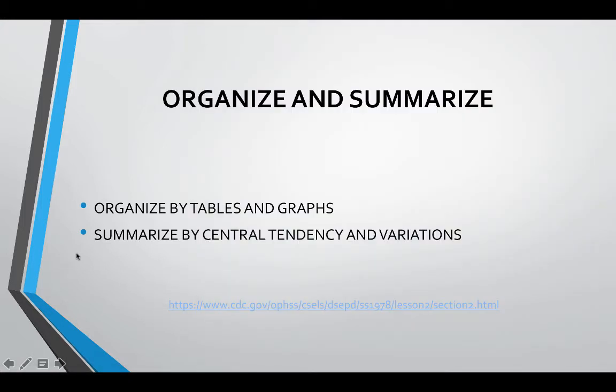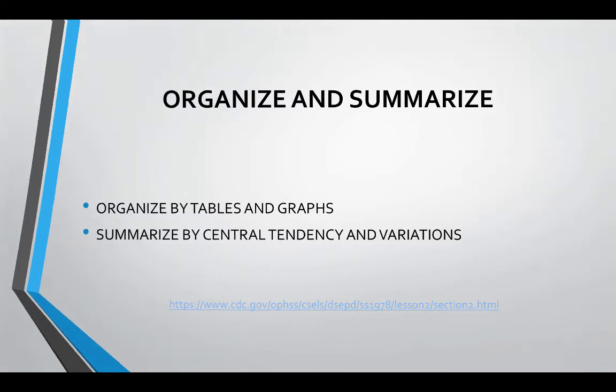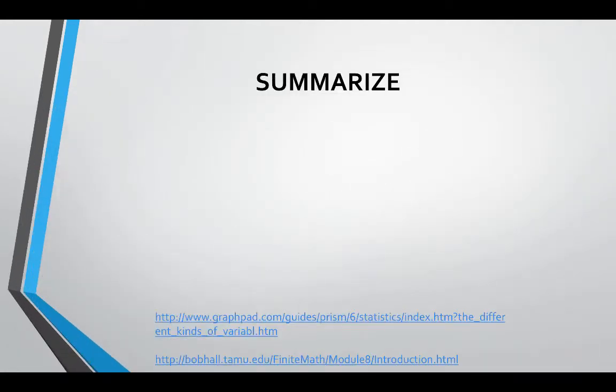So going back to organizing and summarizing, like I said, it will depend on the type of variables that you have in your data set. So how do you summarize? Well, you use central tendencies called mean, median, and mode.